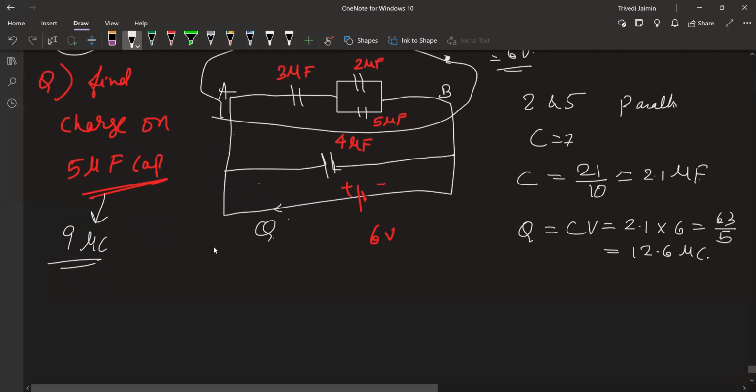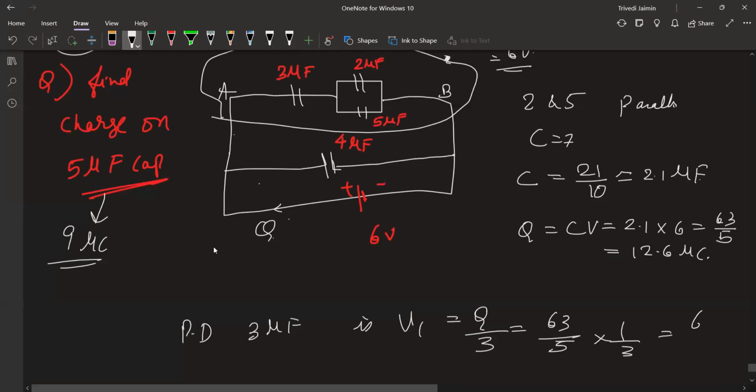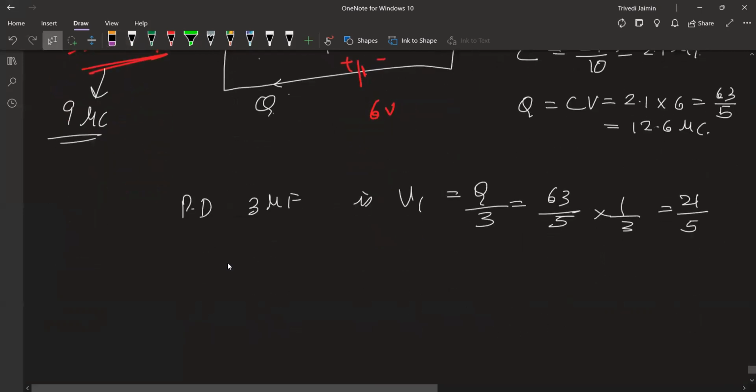So potential across 3 microfarad, let's take it as V1. V1 equals Q by 3, which is, what is Q here? 63 by 5 into 1 by 3. Or we can say 3 into 21, 21 by 5. 21 by 5 voltage.